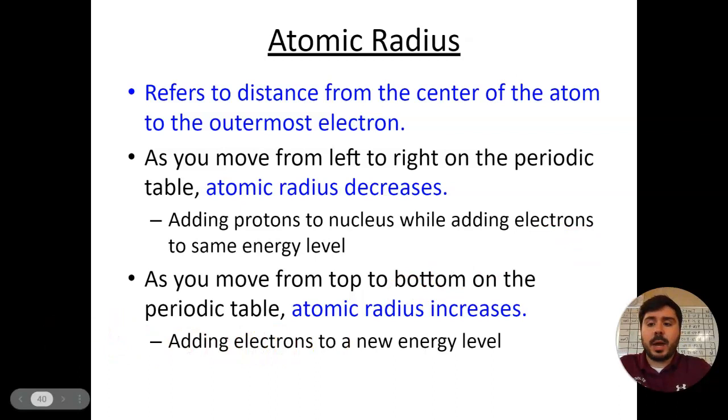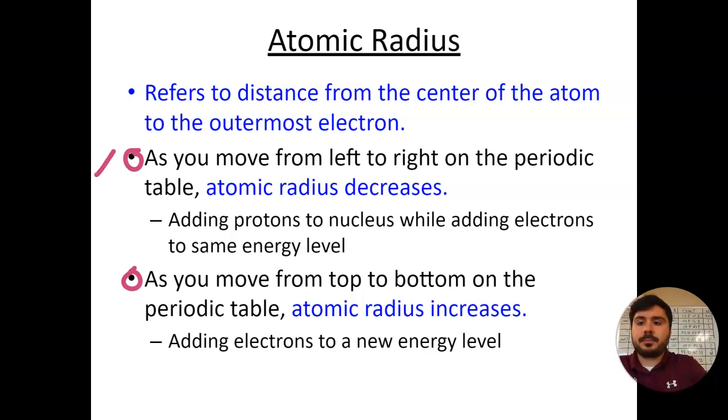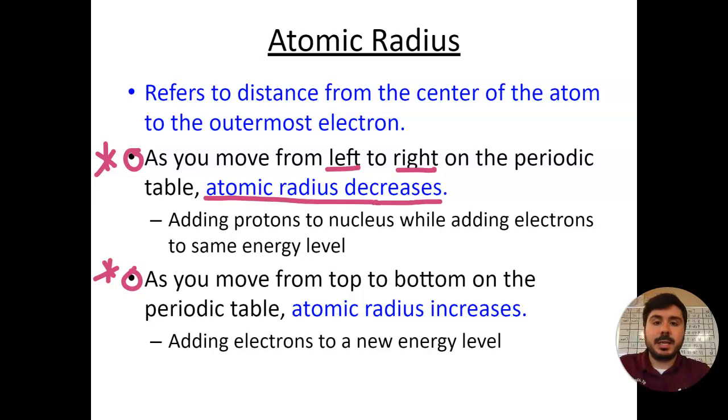But the biggest takeaway is these bullet points here, probably the most important on this slide. As you move from the left to the right on the periodic table, atomic radius is going to decrease. I'm going to highlight all this, because it's really important you recognize those.